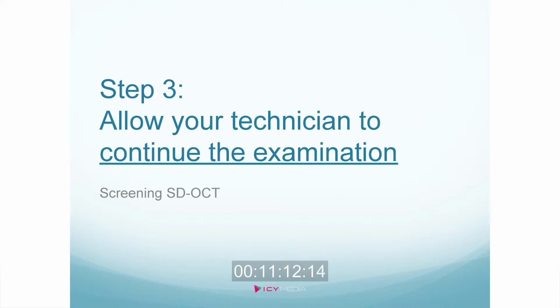So once we've obtained the history to the best of our ability, or once the technician has gained as much information as he or she can, we move on to get our screening OCT. I emphasized in webinar 1, and I'll emphasize again here, it doesn't matter which instrument you use, but the idea is that there are certain parts of the OCT that we want to look at preemptively.